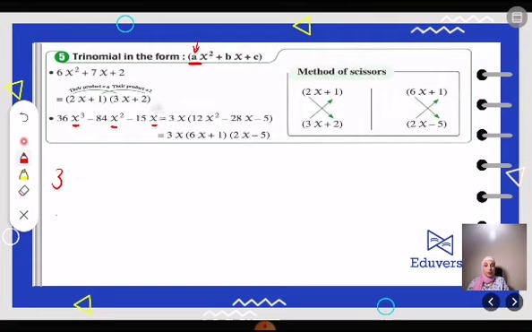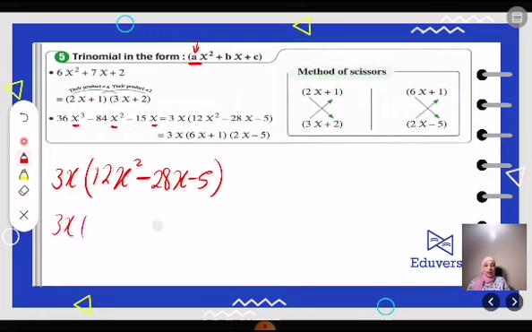The lowest power here is 1, so it will be 3x to the power 1. 36 divided by 3 will be 12. x to the power 3 divided by x will be x to the power 2. Minus, because it's negative here, 84 divided by 3 will be 28x. x to the power 2 with x will be x. Negative 15 divided by 3 will be negative 5. And the x is cancelled with the x.